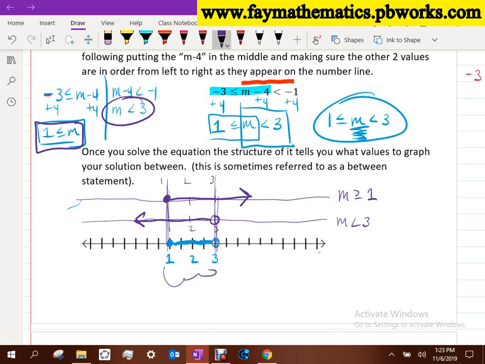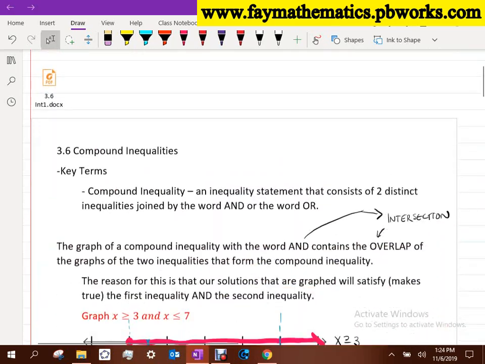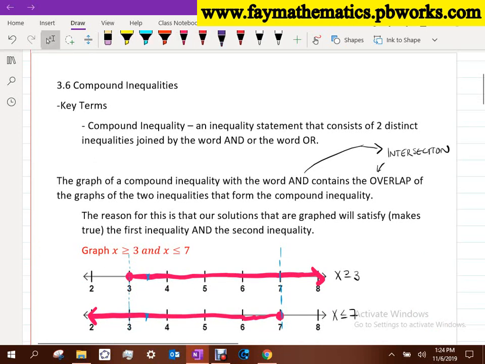So when we want to write between statements, we call these between statements. Like if I say, let's go back up to the beginning real quick. When we say x is greater than or equal to 3, and x is less than or equal to 7. Okay? Well, let's put x in the middle. What number comes first, 3 or 7? 3, so I'll put 3 to the left.